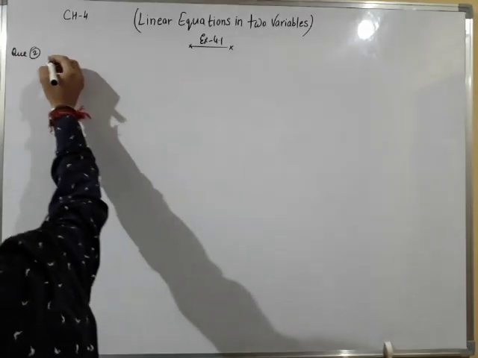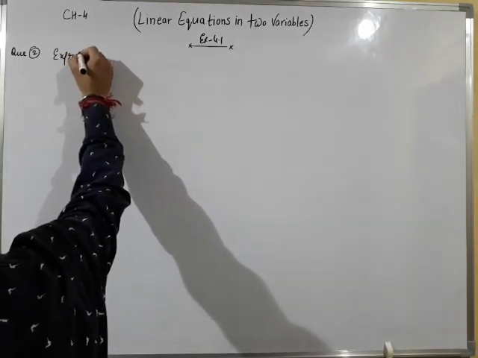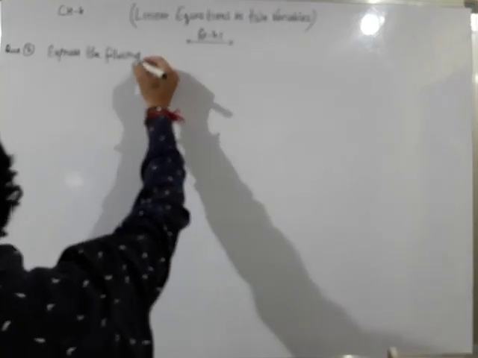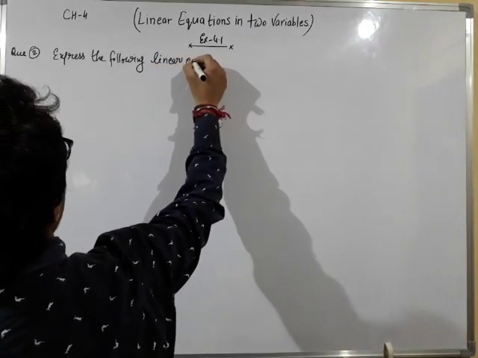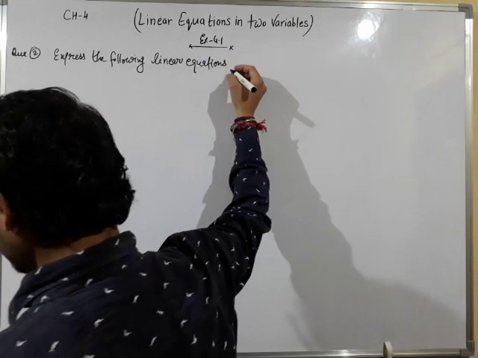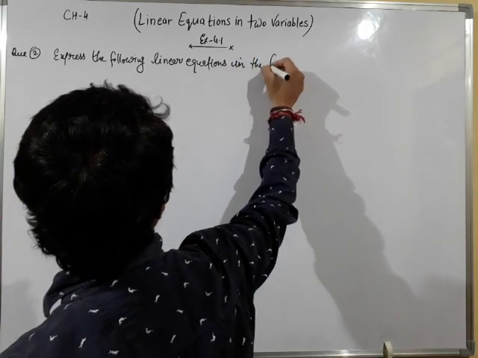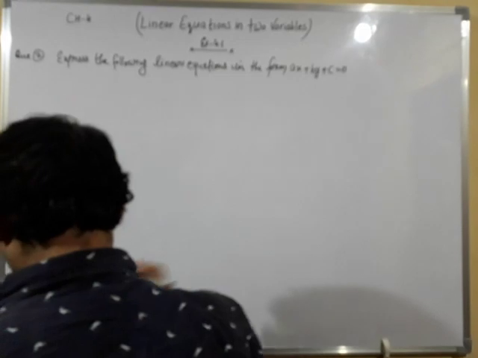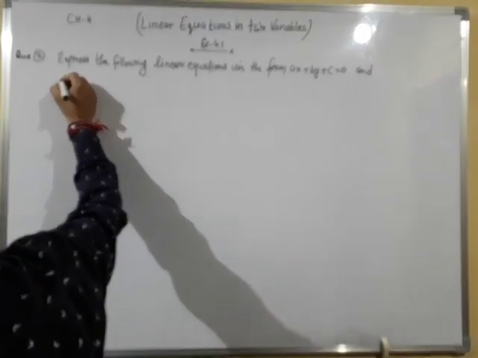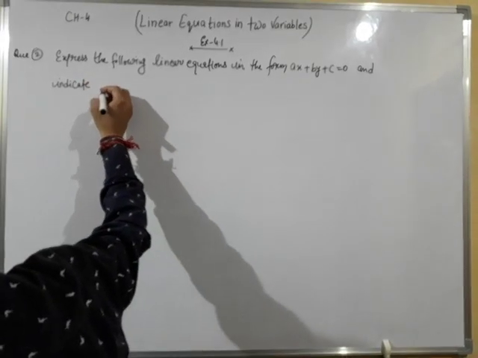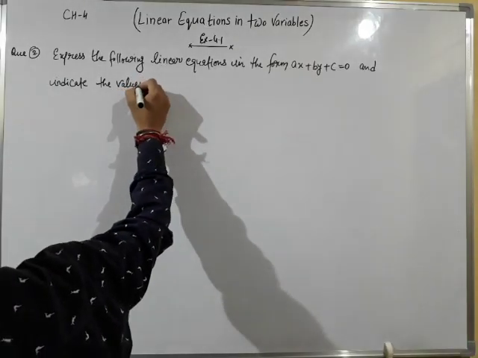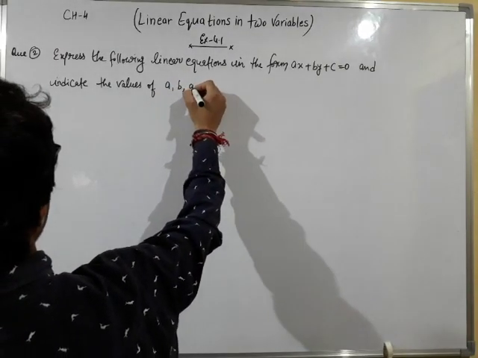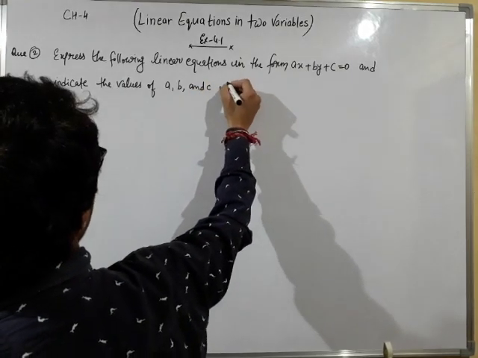According to question number 2, express the following linear equations in the form ax plus by plus c equals 0, and indicate the values of the real numbers a, b and c in each case.